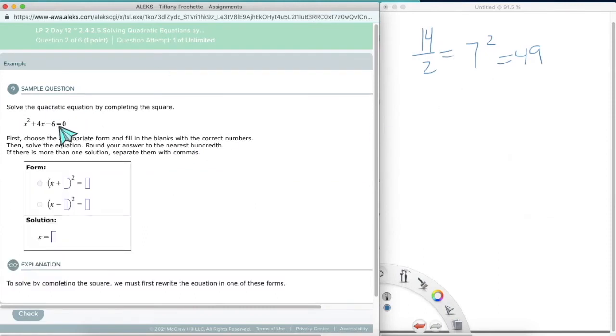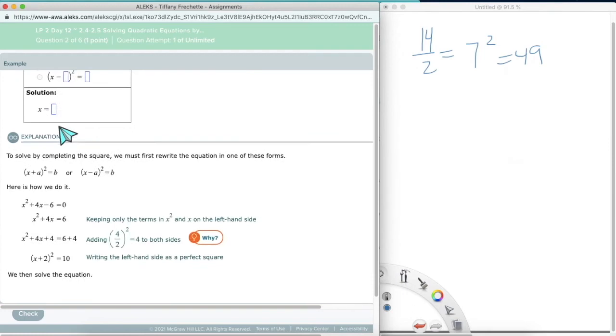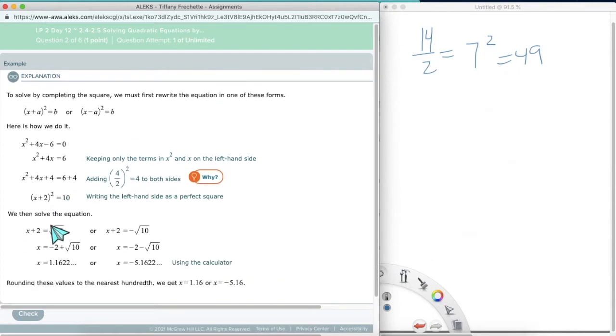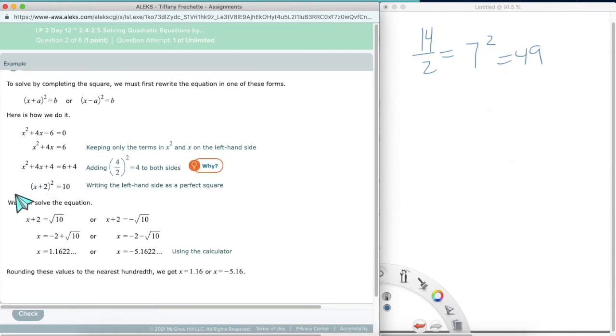So now what we want to do is get it in this form here, meaning we want just x squared plus 4x on one side, and we want the regular constant on the other side. And that way, when we complete the square, we can actually put it right into this square form here.